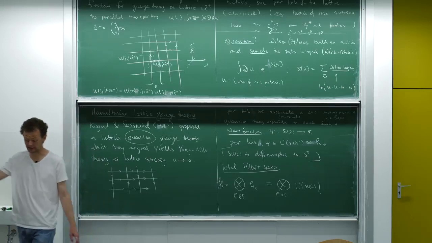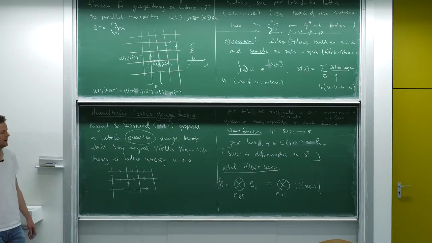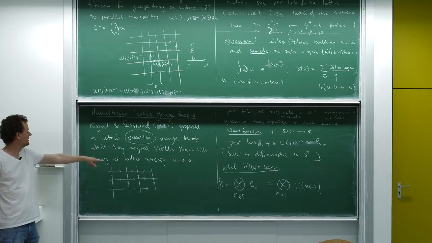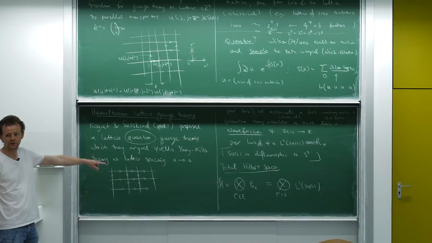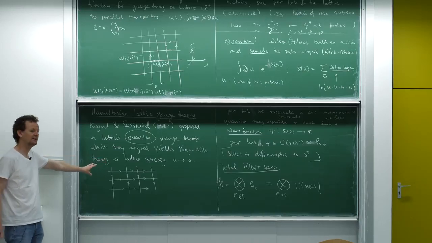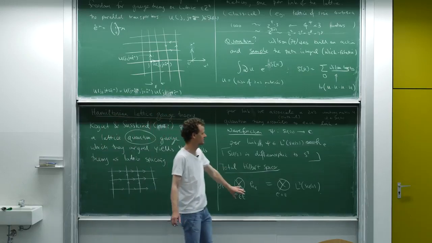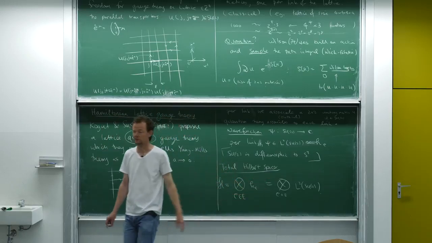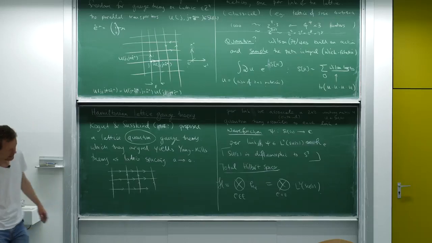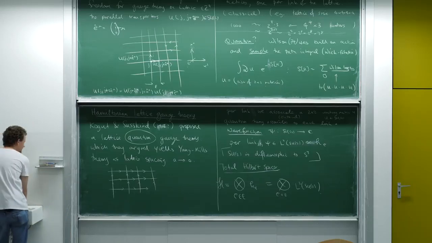So we've done the kinematics. That's already done. Well, I'm kind of lying, right? Because we're not going to be looking at this total Hilbert space. There will be configurations here that are equivalent, because we want that our theory is gauge invariant, that it exhibits the symmetry of gauge invariance. We'll see how that arises soon when I talk about the gauge group. But for now, the total Hilbert space of this lattice theory is this Hilbert space there.